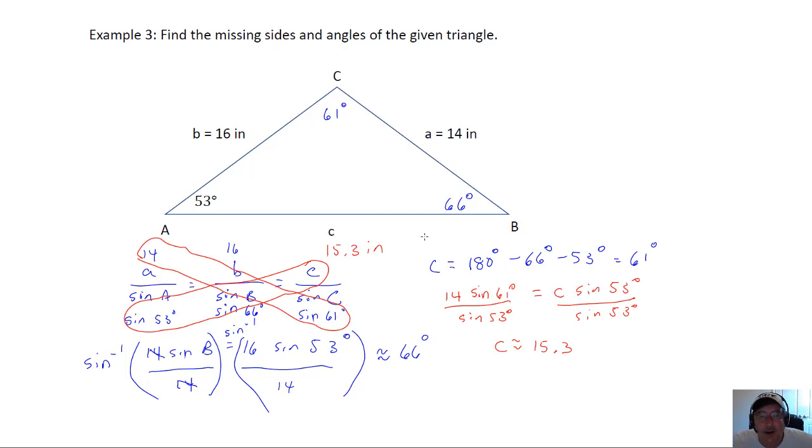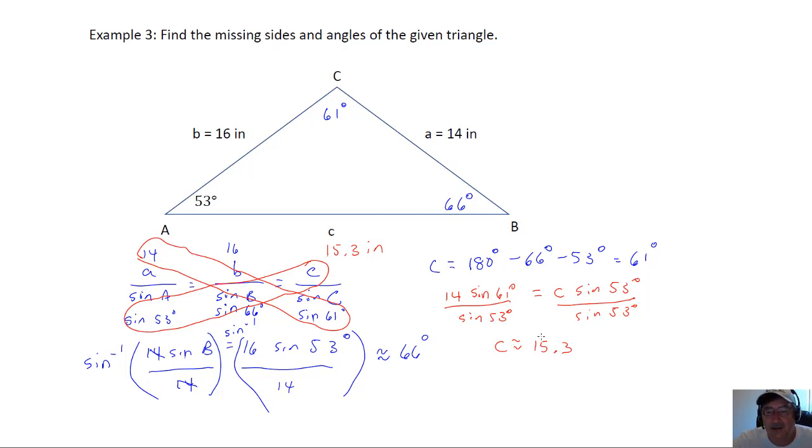Alrighty, so to get angle C, I took 180 minus 66 minus 53, so that gave me 61 degrees. And then I went ahead and wrote 14 times the sine of 61 equals C times the sine of 53, divided by the sine of 53 degrees.